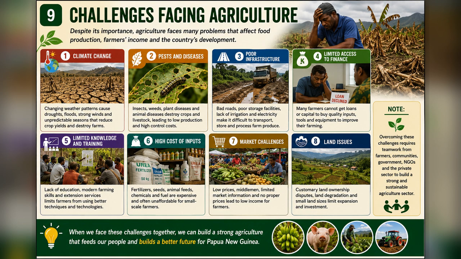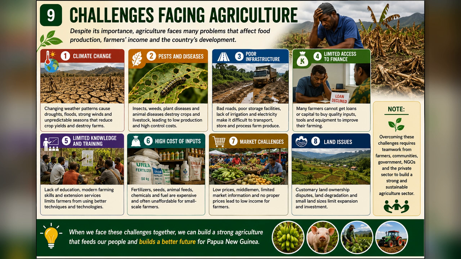Although agriculture is very important, it faces many challenges. Climate change can cause droughts, floods, strong winds, and unpredictable seasons. Pests and diseases can destroy crops and livestock.